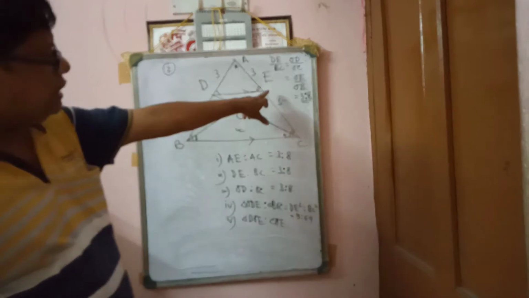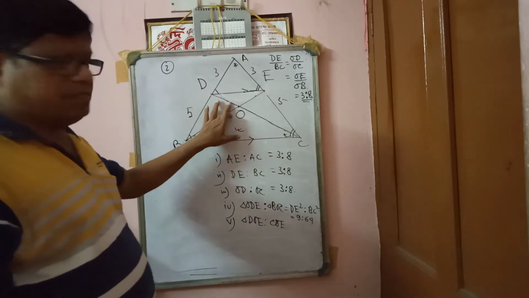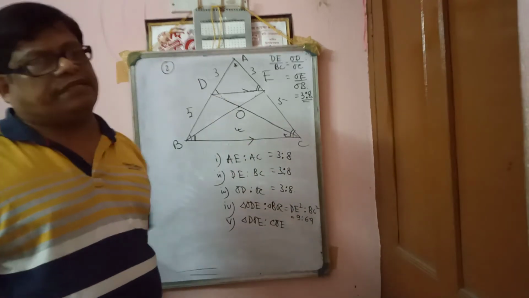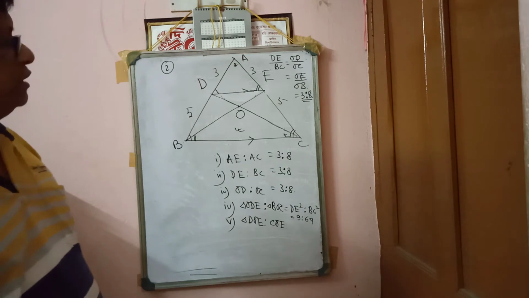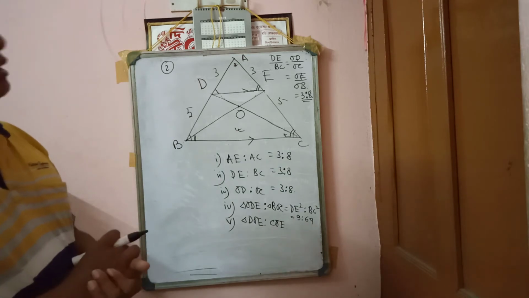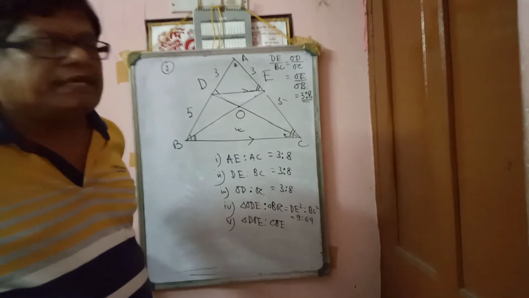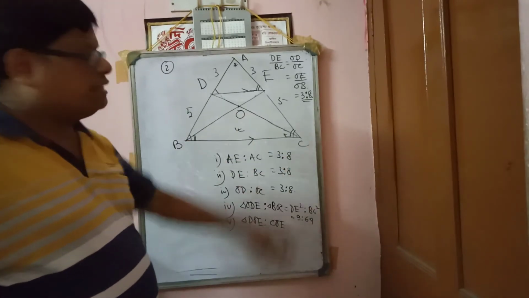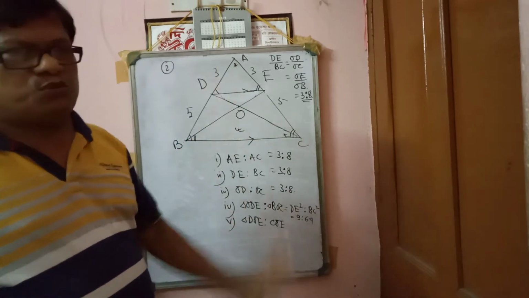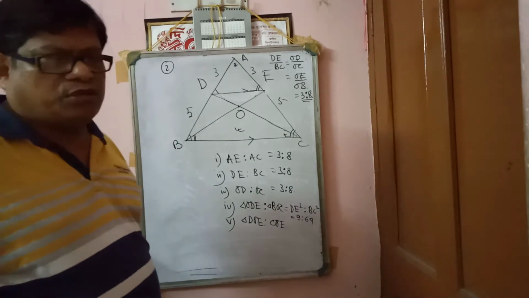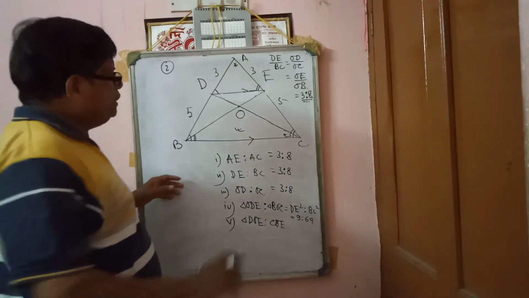Here these two triangles have a common vertex and their bases are on the same straight line, since the points are collinear. So if two triangles have a common vertex and their bases are on the same straight line, then the ratio of their areas is always equal to the ratio of their bases. So it will be OD is to OC.